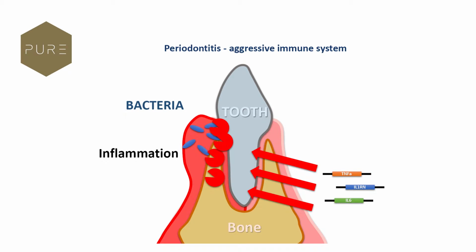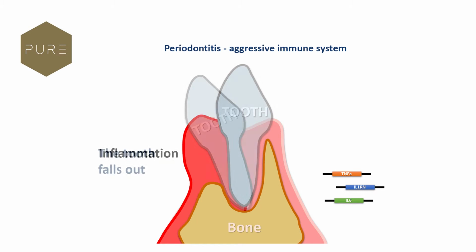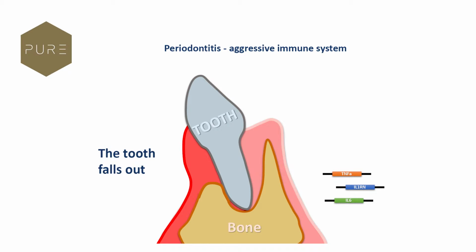And this causes inflammation of the gums, of this area. And if this persists for a long time, it starts to degrade the bone. So it starts to reduce the bone tissue until the tooth can fall out. So periodontitis is damage caused by the immune system. It makes the teeth come loose and then they eventually fall out.